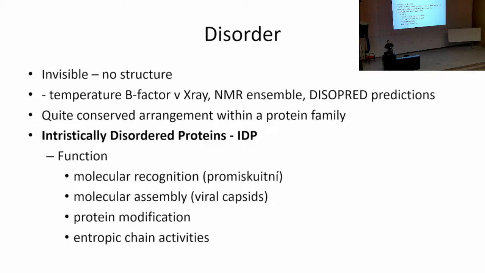They are quite often used for molecular assembly, so by themselves they are not structured, but if you add additional proteins, they start to form something. And they also work in entropic chain activities, like basically a molecular hourglass and stuff like that.